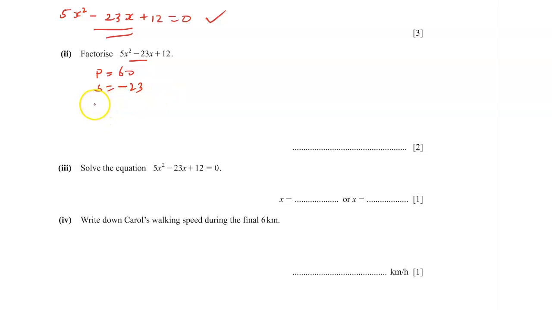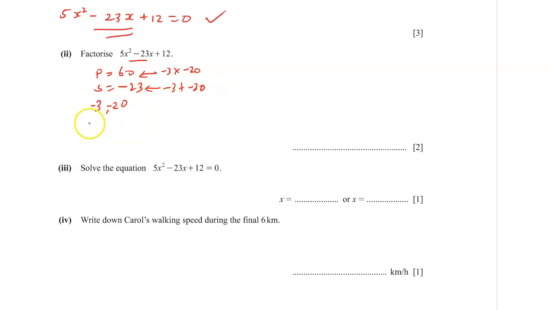Those numbers are minus 3 and minus 20. Minus 3 times minus 20 gives you 60, and minus 3 plus minus 20 gives you minus 23.